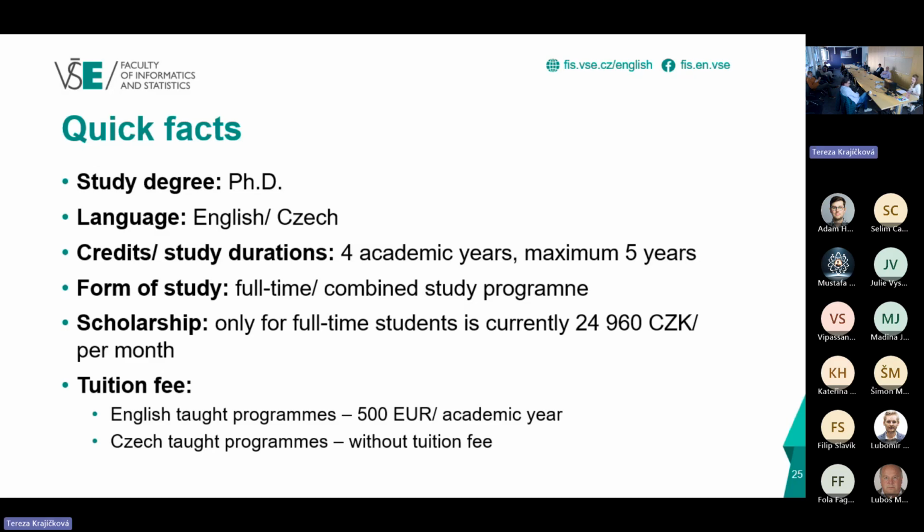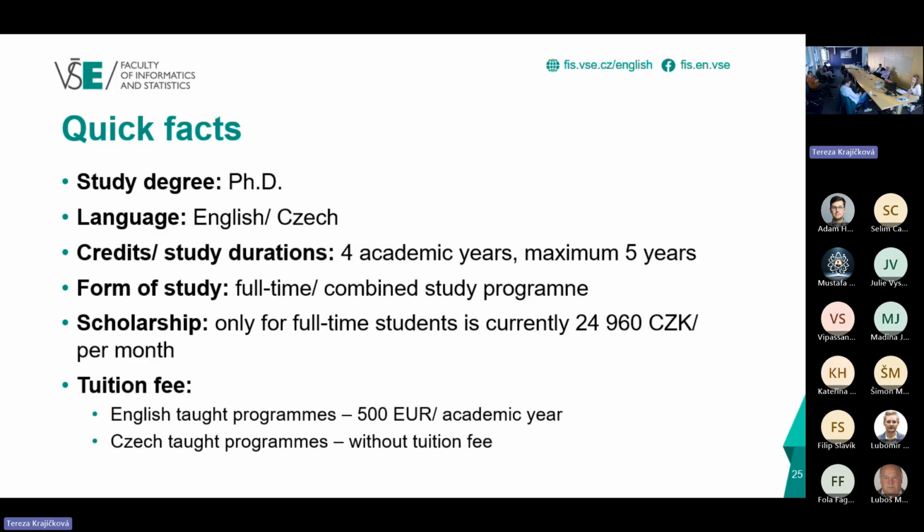Also, I would like to add that after your 26th year, you still have the status of student, and certainly you can apply for a dormitory if you don't have a permanent address in Prague.